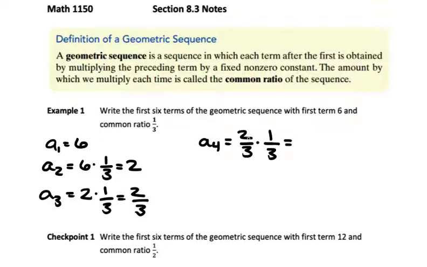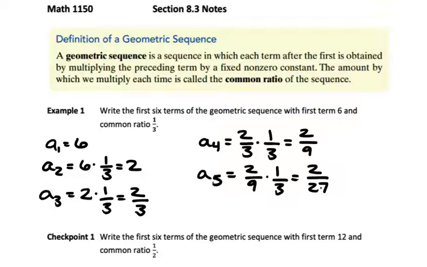And remember, when you're multiplying fractions, you're multiplying across. So tops times the tops and bottoms times the bottoms. That would be 2/9. You are going to have to put the answers in as fractions when you do the homework. They're not going to accept a decimal approximation for these. A5 would be 2/9 times 1/3, which would be 2/27.